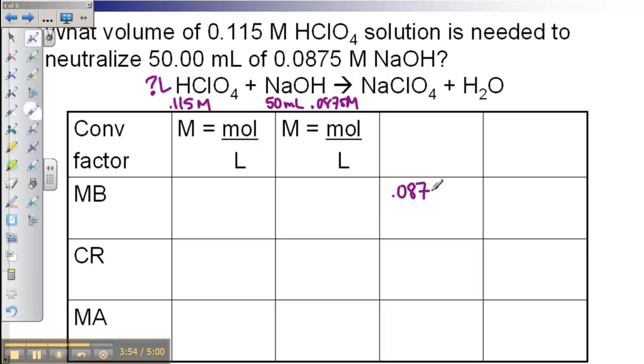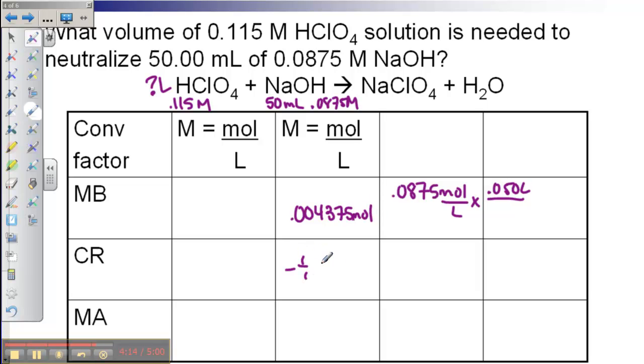So 0.0875 moles per liter times the volume, 0.050. Make sure you're changing those milliliters to liters. We get an answer here of 0.004375 moles.